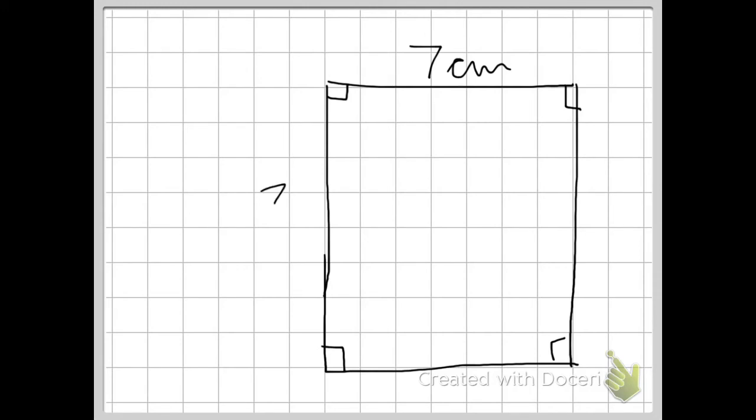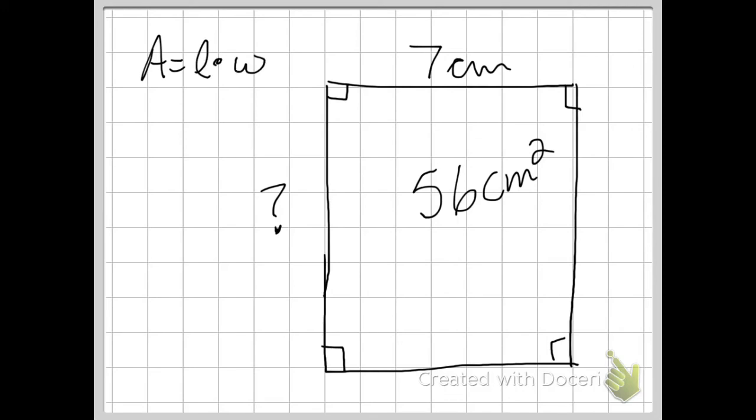We don't know this side, but we know that the area is 56 centimeters square. Well, how do I find that missing side? Again, remember the formula: area equals the length times the width. So 56 equals the length, the longer side is what we're looking for, times the width, which is 7.